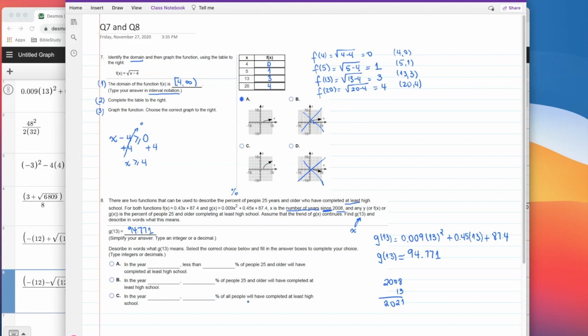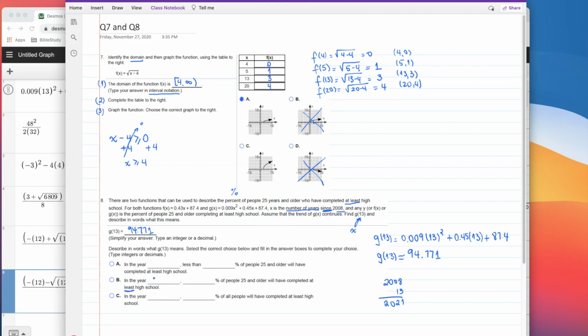Here it didn't specify that the people have to be 25 years or older, and the problem says it very clearly. So it has to be this or that one. But this says less than this percentage. No, this describes exactly the percentage of people who have completed at least high school.